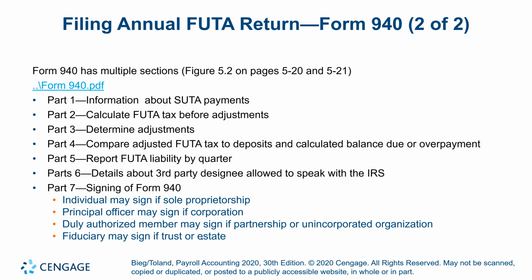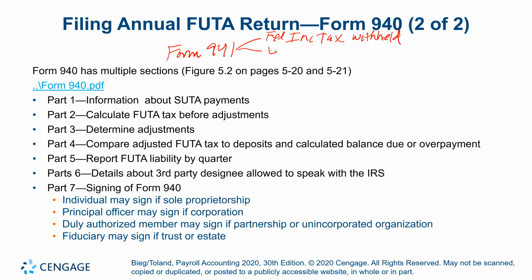So Form 940 has multiple sections, and you know what, guys? It's actually set up very similar to the Form 941, right? So remember the Form 941, that form was for federal income tax withheld, right?